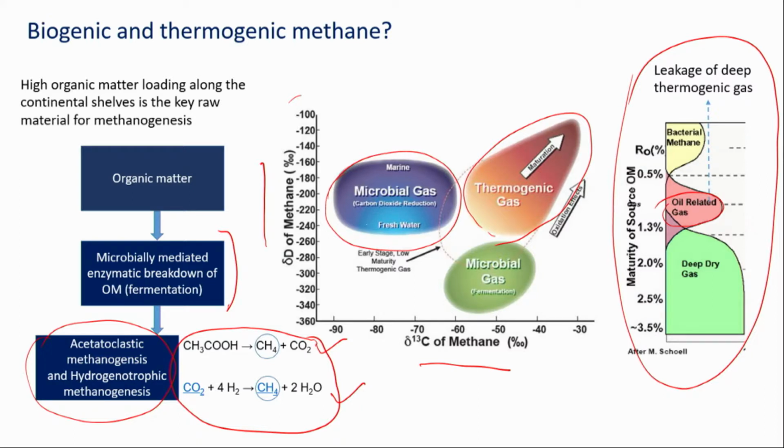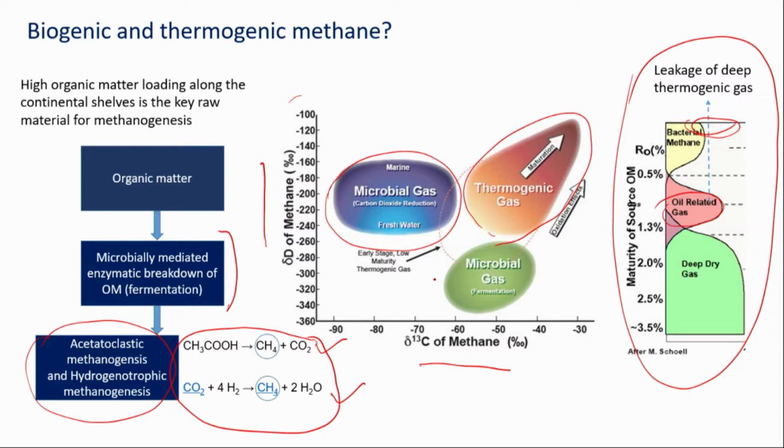The methane gas is generated and then it can move upward using the permeability in the sedimentary formation. And when they leak into the seabed or come very close to the seabed, they form the hydrate deposits.